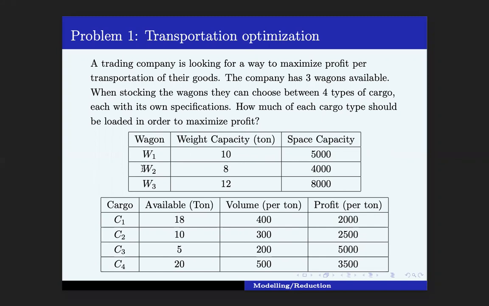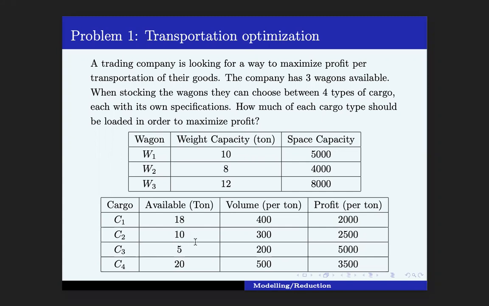But then I have wagon 2. Since I have already used 5 tons of cargo 1, I am left with 5 tons of cargo 2. Maybe I can ship this 5 tons of cargo 2 through W2, and I still will have 3 tons left, so maybe 3 tons of C3.